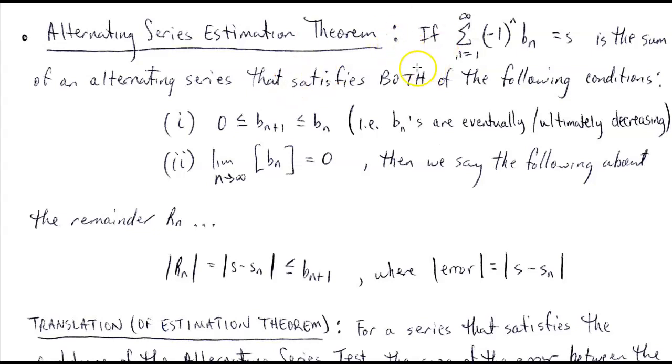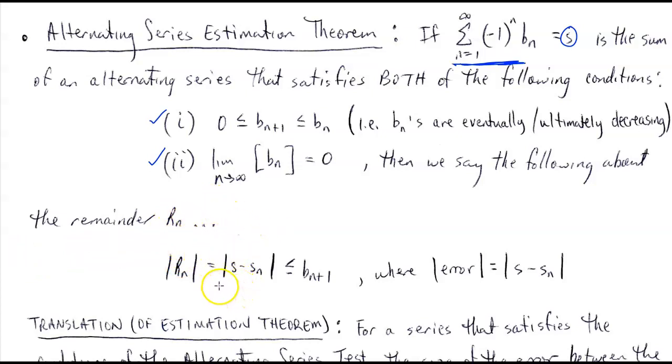Okay, so if we assume here that the infinite sum of this alternating series that we're dealing with is going to be some value s, and this particular series satisfies both of these conditions, which are the conditions we had to say that the alternating series converges, then we know that the remainder, which we're going to call r sub n, can be calculated by doing the following.